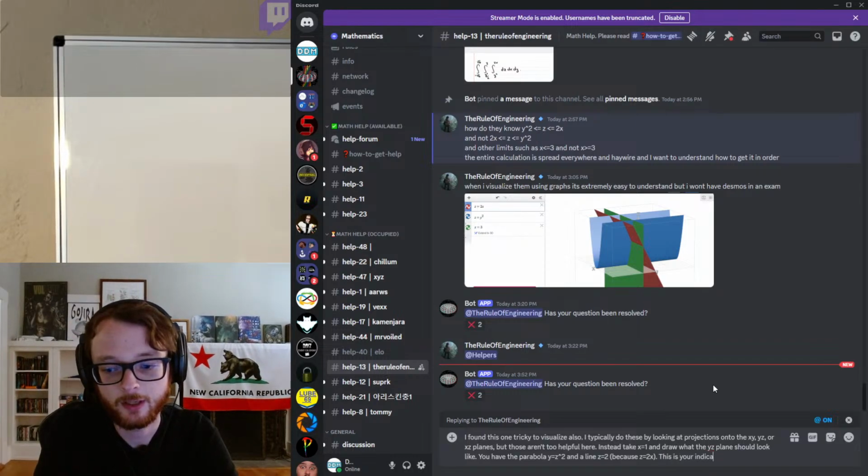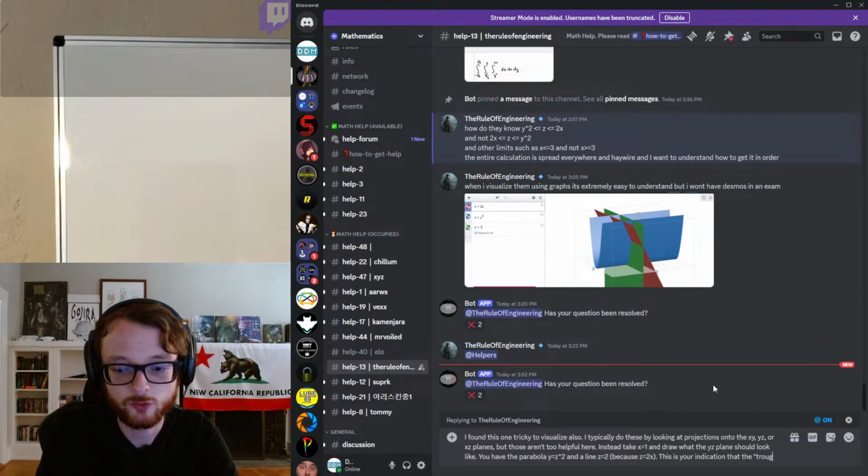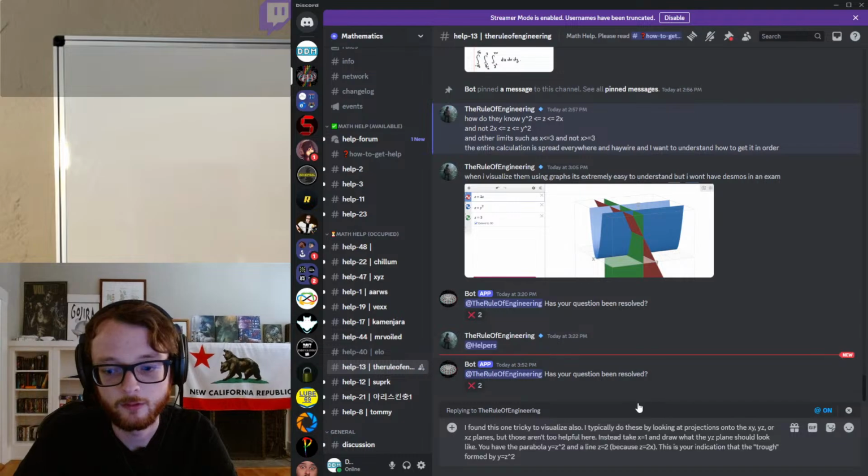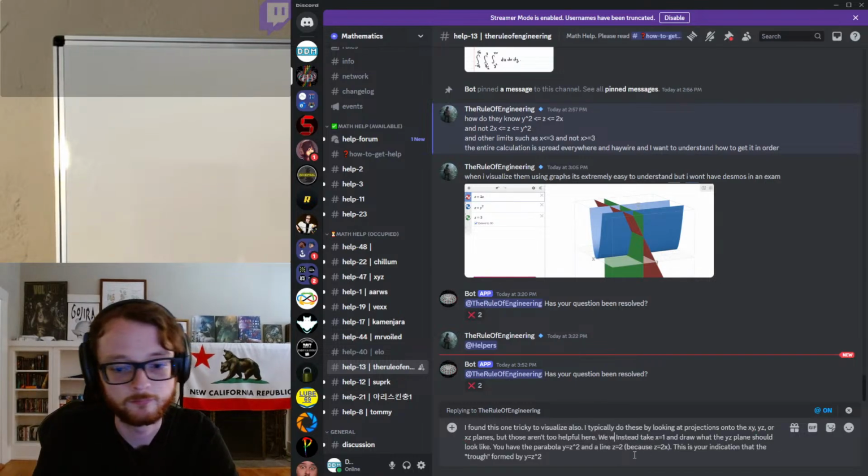This is your indication that the trough formed by y equals z squared. We want to start by bounding z, since there's two functions involving z.